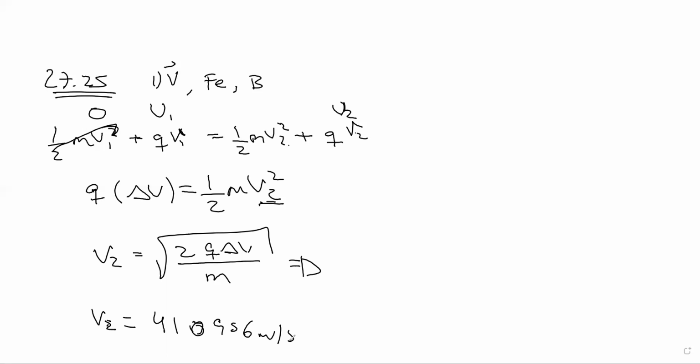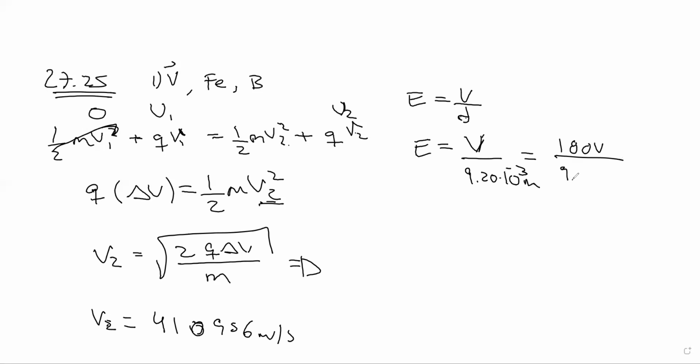Now, we know that the electric field is going to be V over distance, right? Or we can use the capacitor equation as well. Since we know that the plates are going to be 180 volts from each other, E is just going to be the voltage between them over the distance, which is 9.2 times 10 to the negative 3 meters. So this is 180 volts over 9.2 times 10 to the negative 3 meters.